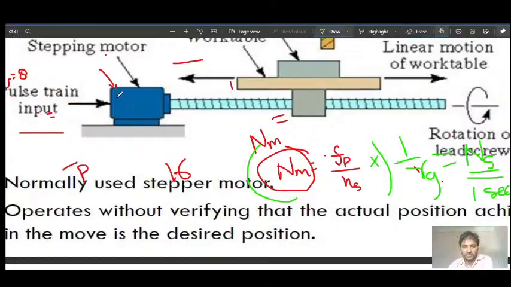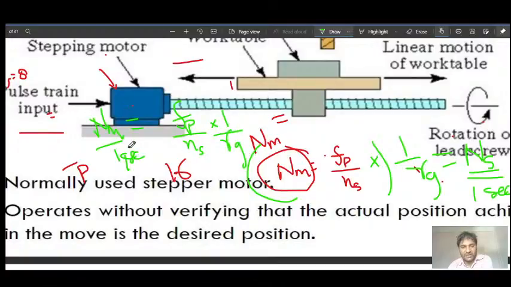So what we have got is Nm for 1 second, because we have used the frequency term, and frequency is, as you know, the number of oscillations in 1 second. So in 1 second the number of turns is Fp divided by Ns, and again divide by the Rg value.